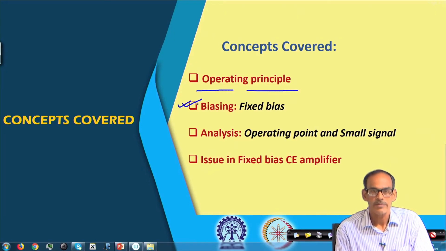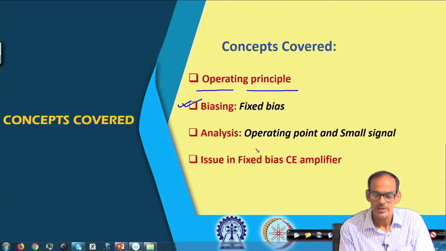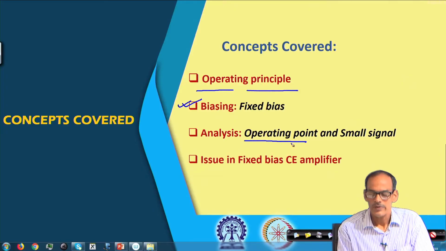One is fixed bias, and then subsequently we will see what may be a better option. In the fixed bias CE amplifier we will see how we find the operating point, and then how we get the small signal model and small signal analysis.